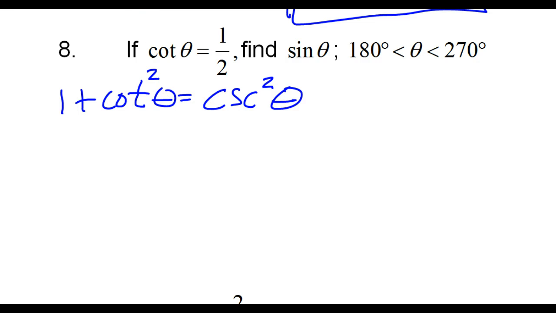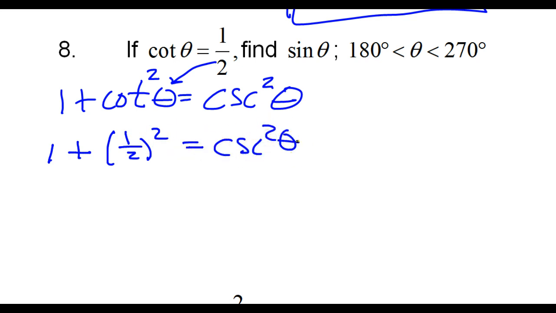Alright, so given that, I can take this 1/2 and substitute it in. So this will give me 1 plus 1/2 squared is equal to cosecant squared theta. So this will be 1 plus 1/4.